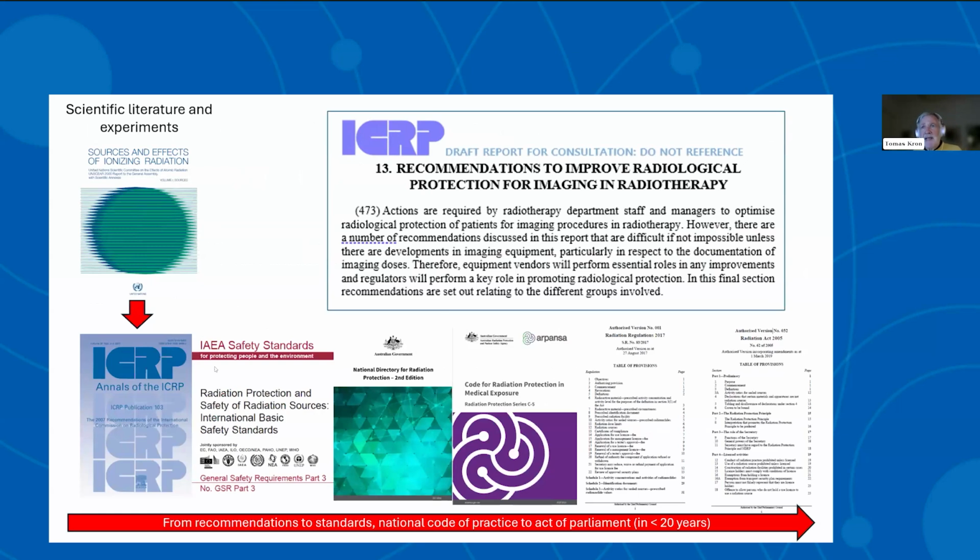So as such, this is a fairly standard procedure in terms of the recommendations. It gets a bit more interesting if one actually looks at how these recommendations then impact clinical practice overall. And I've tried to illustrate that here in the context of ICRP publication 103, basically the recommendations from 2007. And they make their way into Australian clinical practice really via international safety standards, by national guidelines, codes of practice, and so on.